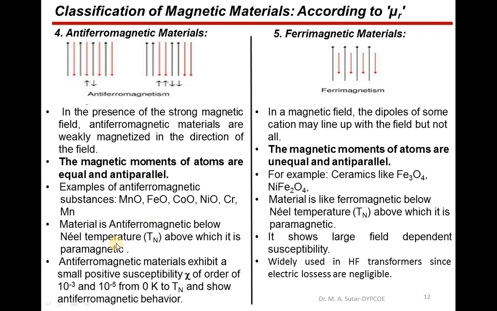The material is antiferromagnetic below the Neel temperature Tn, and above it, it is paramagnetic. Similarly, we can talk about this particular material. The main thing to be remembered is that in antiferromagnetic material, spins are equal but opposite in direction. In ferrimagnetic material, spins are unequal and opposite in direction.